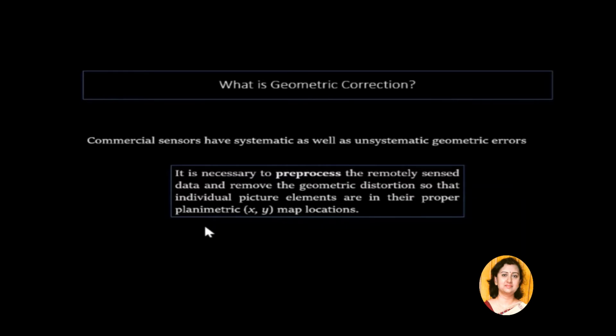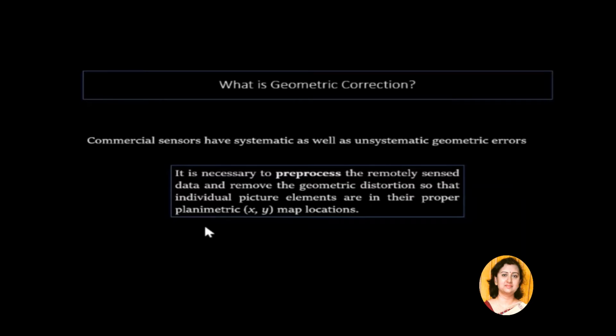That means what you do in geometric correction is the XY locations, or the latitude, longitude values, get distorted. So using the correction techniques, you assign proper XY locations to the different pixels that are present in the image.